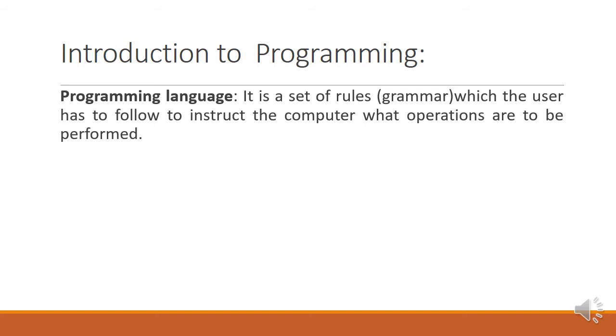The same rules are used by all the people who are studying the C language. So that is what we have written here. It is a set of rules or the grammar which the user has to follow to instruct the computer what operations are to be performed.